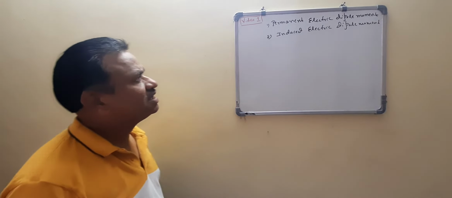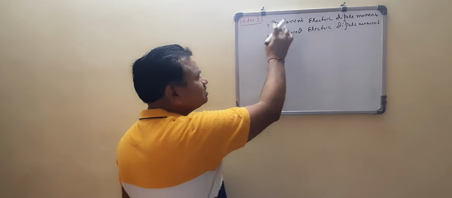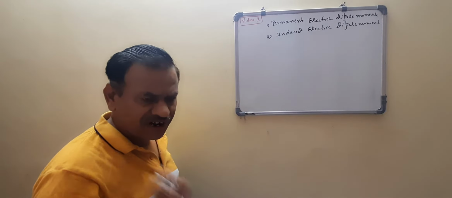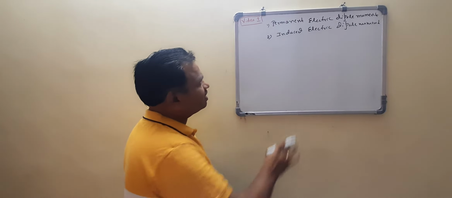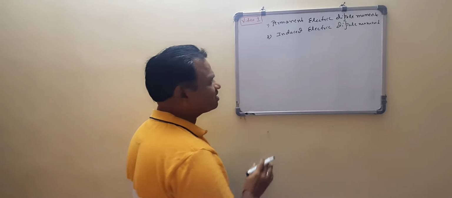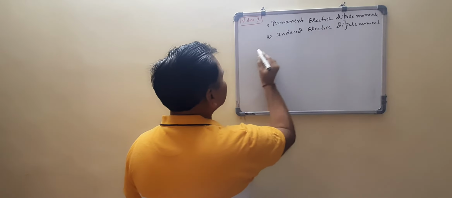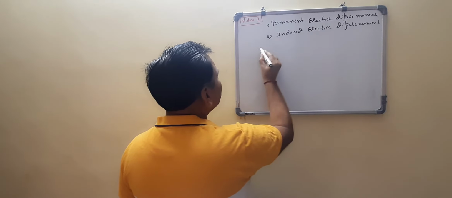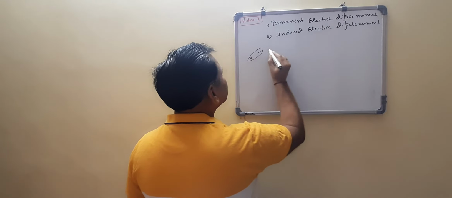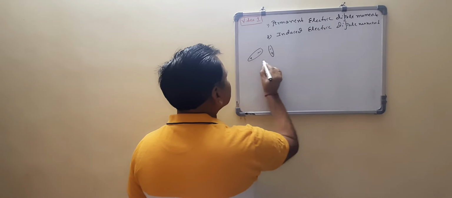Permanent electric dipole moment means, even in the absence of the external electric field, please listen carefully, a substance like hydrochloric acid or sodium chloride has many dipoles, plus minus, minus plus, like this.